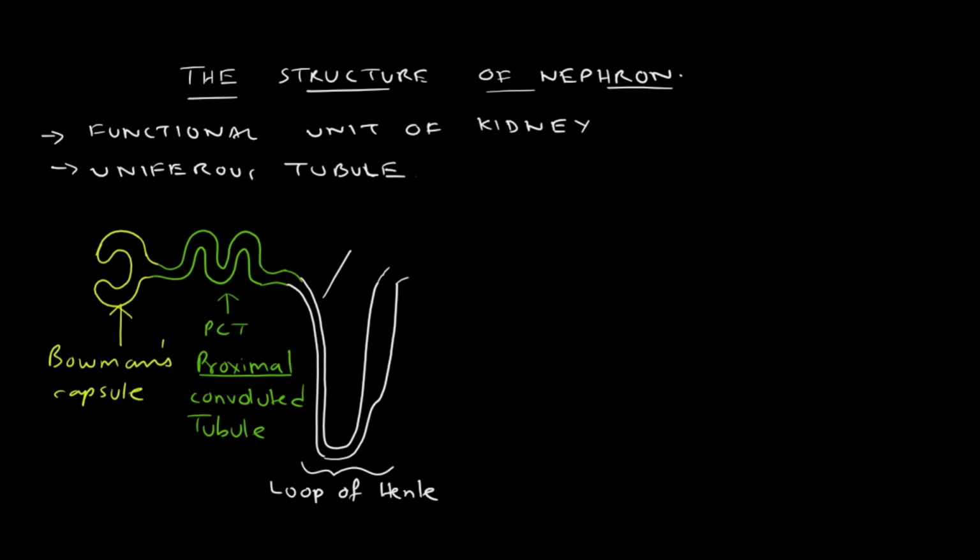The one which goes down is known as the descending limb of the loop of Henle, and the one which moves up is known as the ascending limb of Henle.